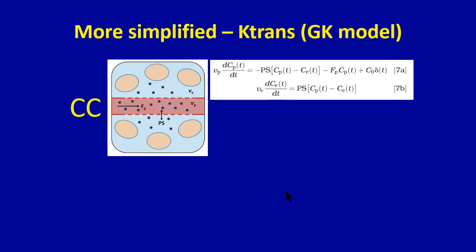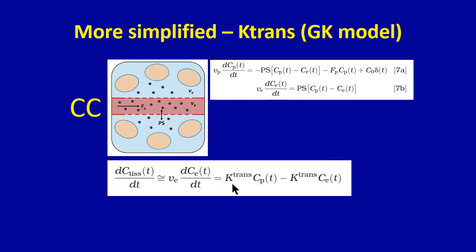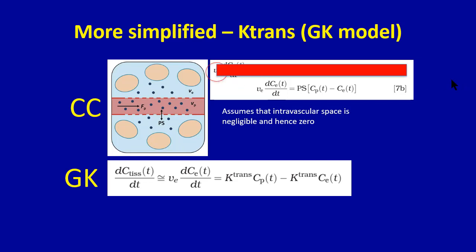So what about Ktrans? So this is the conventional compartment model, and this is the Ktrans equation. In the Ktrans model, it is also called the generalized kinetic model, it is assumed that the intravascular space is negligible and hence 0. Hence the percentage of intravascular space is 0, and hence this whole term is wiped out.